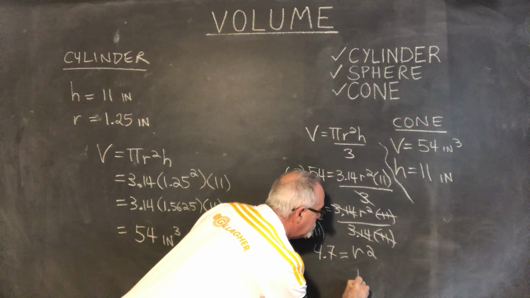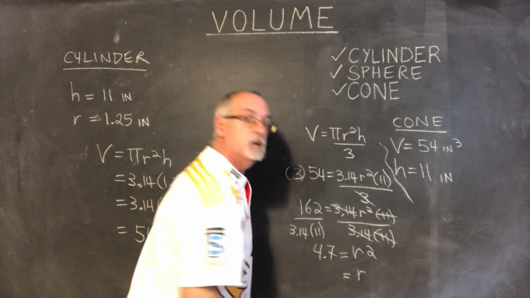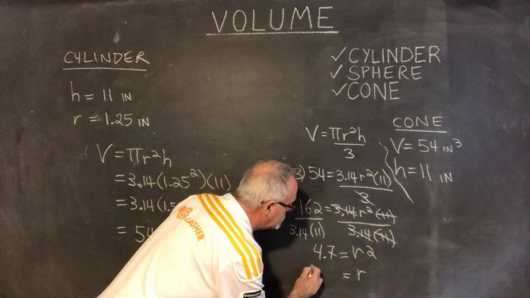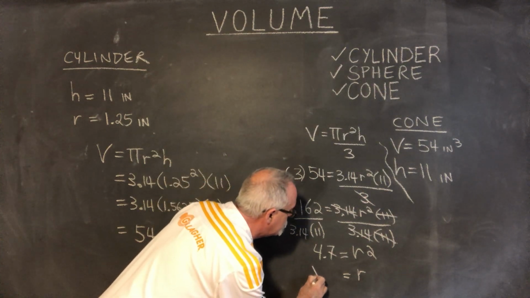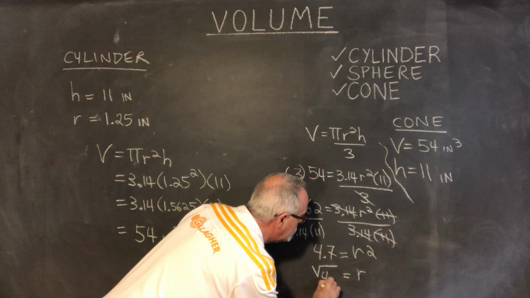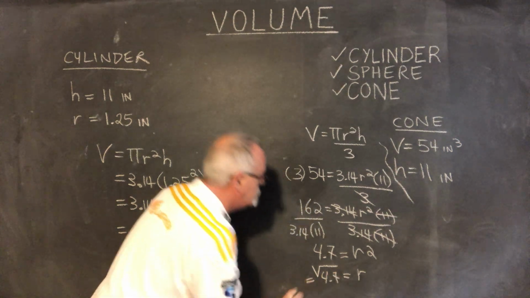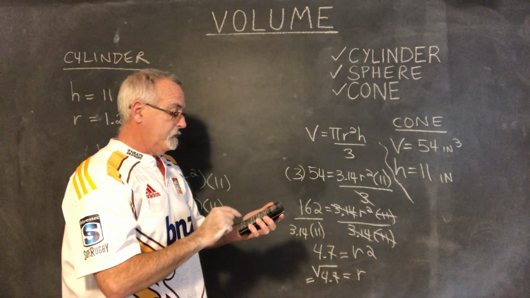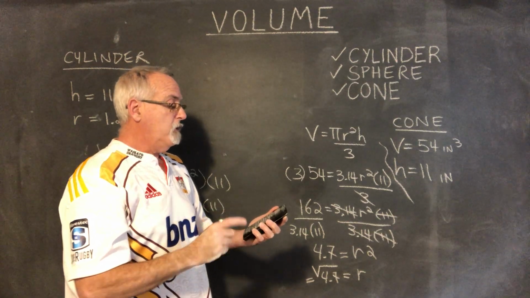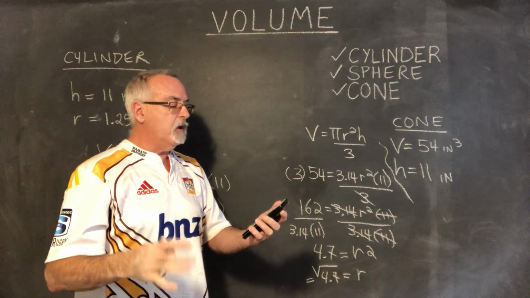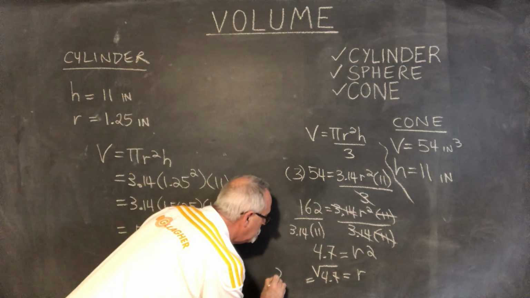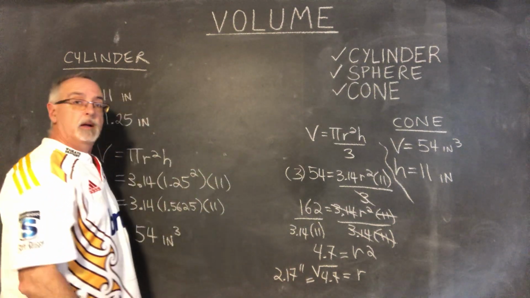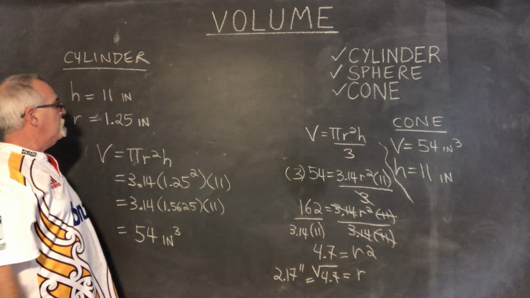Therefore r, the radius, is going to be the square root of 4.7, which is going to be 2.167, I'll call it 2.17. 2.17 inches. I'm using that little inch symbol because I'm tired of writing it out on the chalkboard wall.